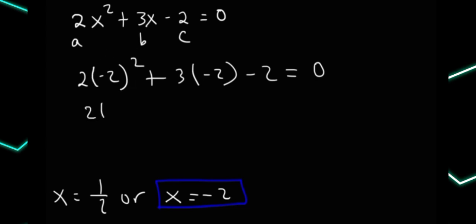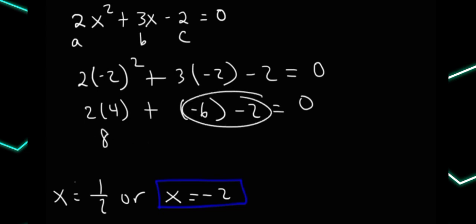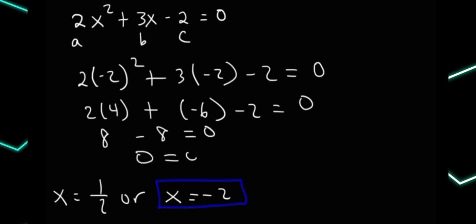Negative 2 squared is 4, so 2 times 4 plus negative 6 minus 2 equals 0. 2 times 4 is 8. Negative 6 minus 2 is negative 8. So 8 minus 8 equals 0. So our answer is 0 equals 0, which means our answer is true.